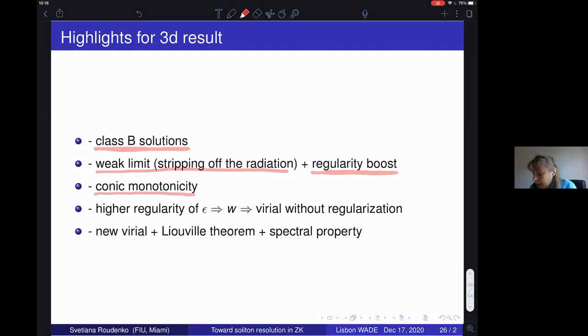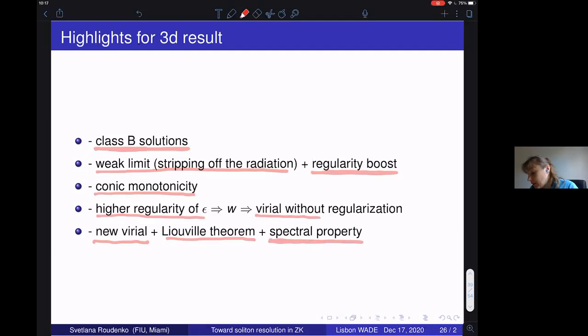So also there are some upgrades in the high regularity of the epsilon, so we can use just the virial without the regularization, for example, the regularization which is needed if one considers something like the Benjamin-Ono equation. And then the new virial and Liouville theorem, this is really the key property, and it would not be possible to get anything if we wouldn't understand the spectral property.